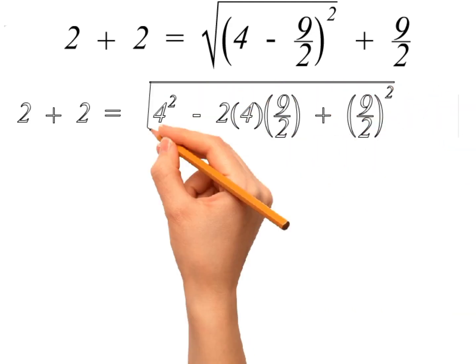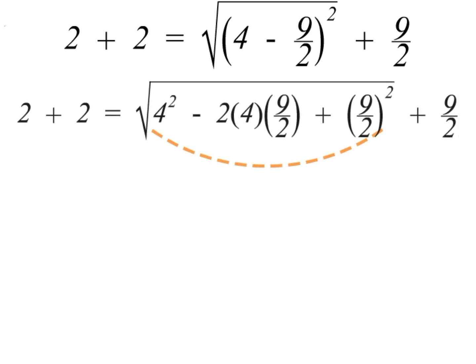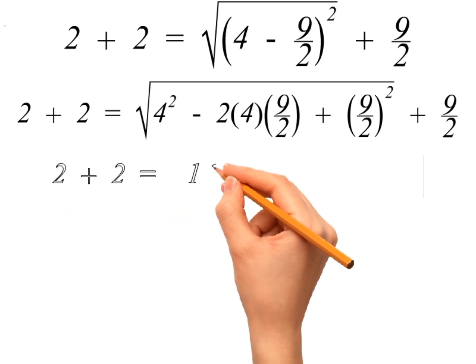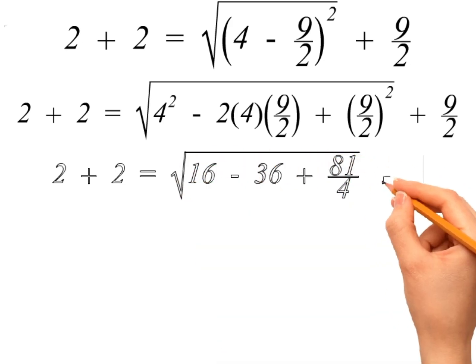Let's simplify the expression under the root sign a bit. Then we have 16 minus 36 plus 81 over 4. Now we have 2 plus 2 equals root of 16 minus 36 plus 81 over 4, plus 9 over 2.